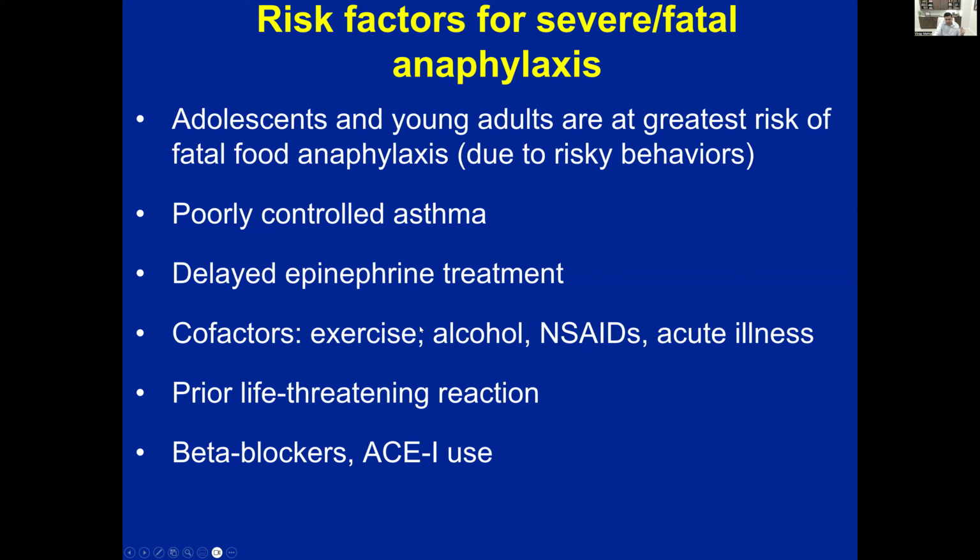Other risk factors are cofactors: exercise, alcohol, NSAIDs. If you're on a beta blocker, as you know, it blunts the effect of epinephrine, so those patients are also more at risk for dying. Also, ACE inhibitor use is another risk factor.